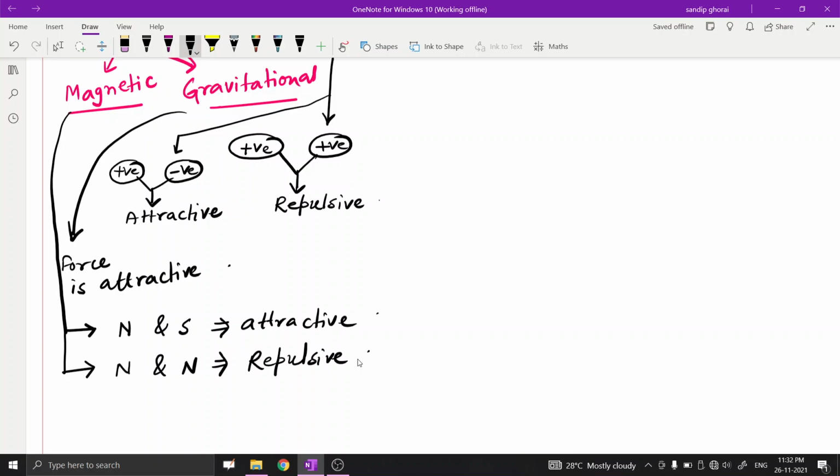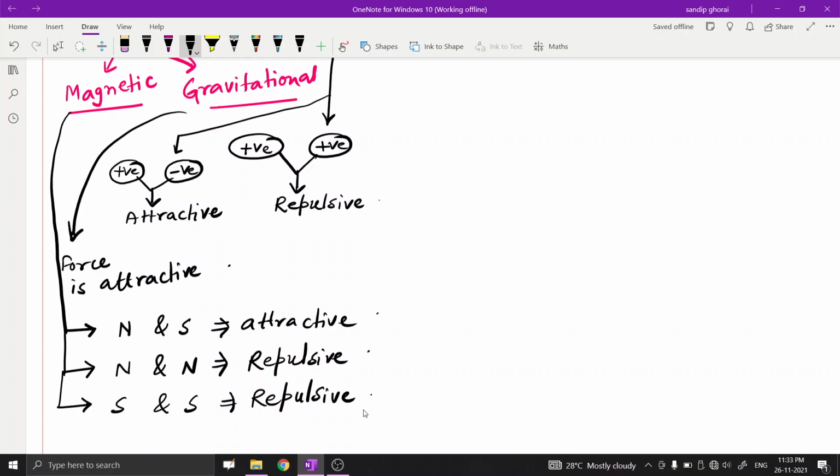Okay, now we move to our next part, that is friction. Before going to friction, we can also write, if we take south and south pole, then also we get a repulsive force.